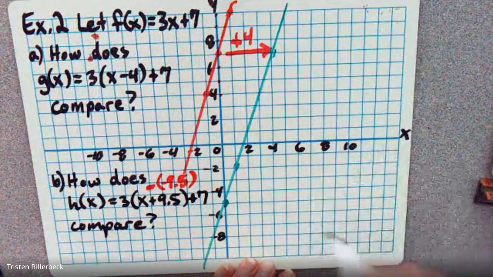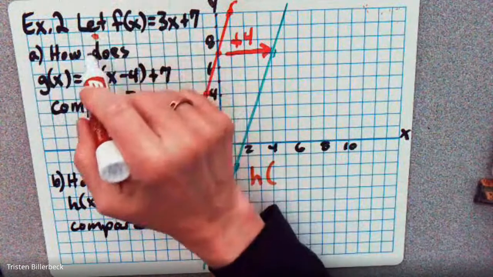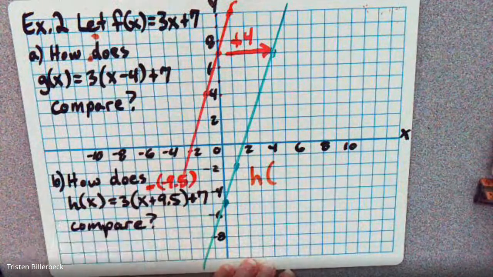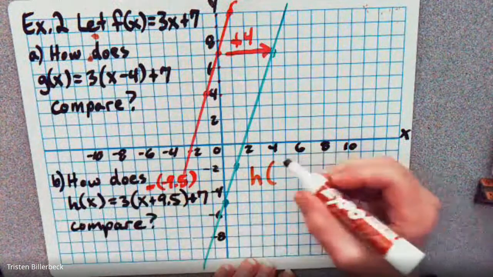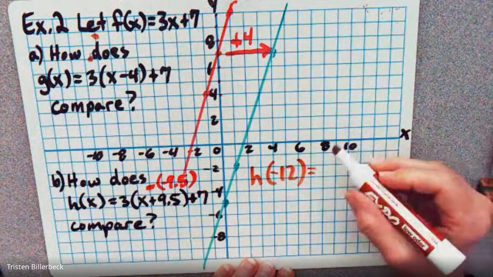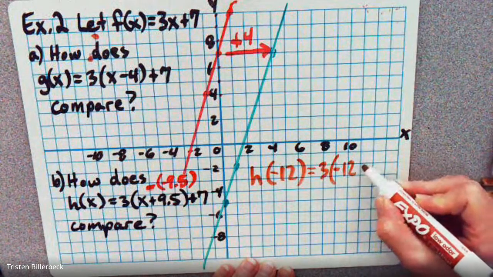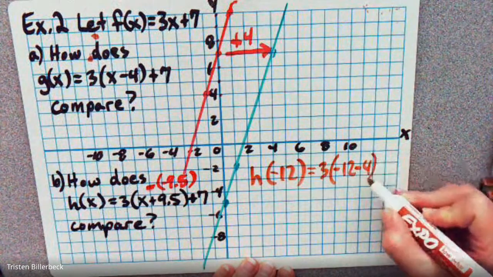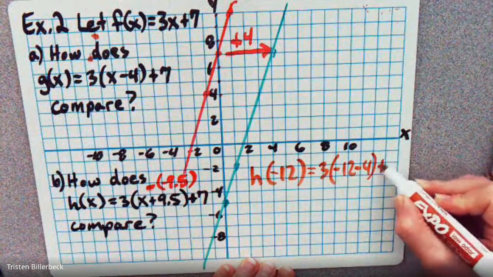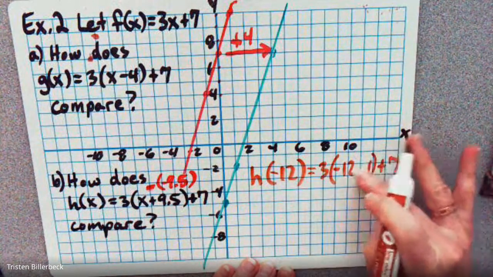You see what I'm seeing? This line's going to be way over here. So we want to know what's happening at -12. So we have 3 times -12. This is informed graphing. You look at your 2 points and you realize where the next one should be. Oops, that's at plus 9.5.